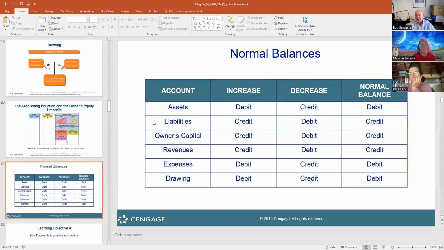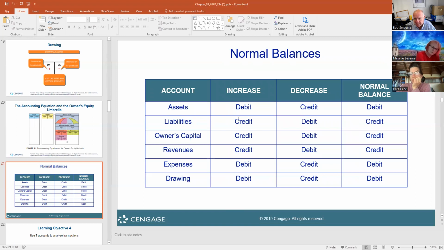I think this is the best grid to study from. On this, you only have to look at one column. I would look at the column on the right, the normal balance. It's going to be the same as the increase. You can look at the increase column then.